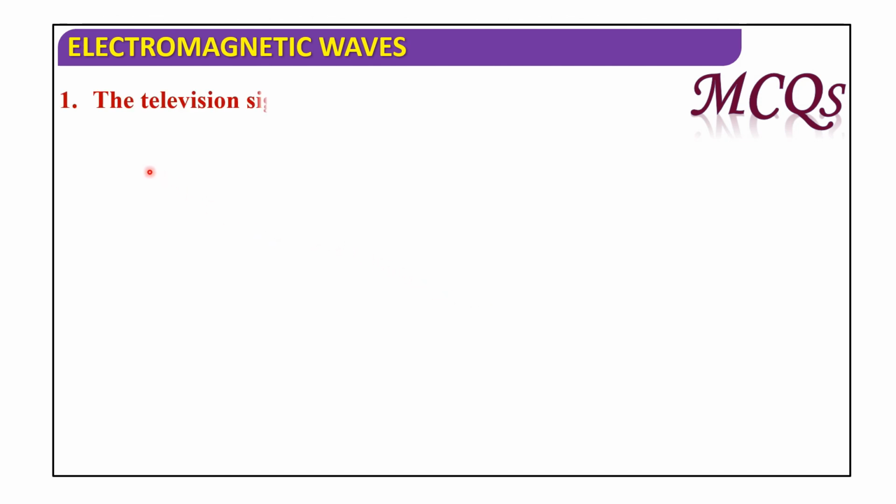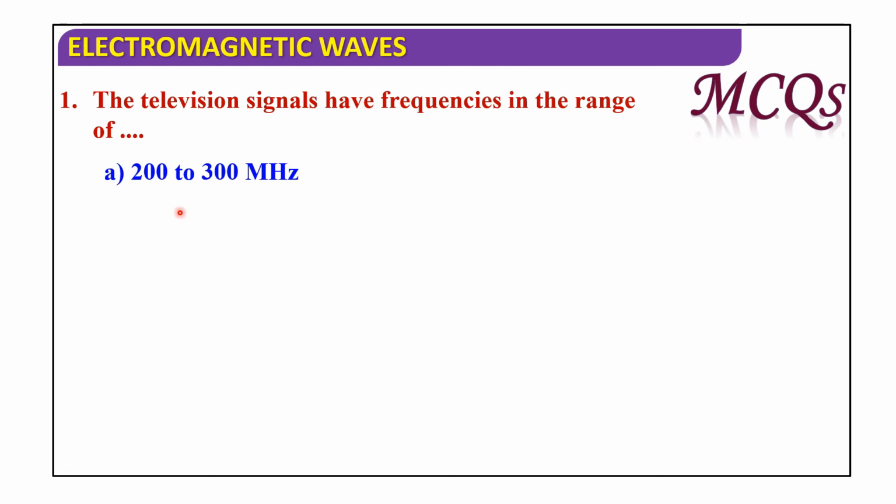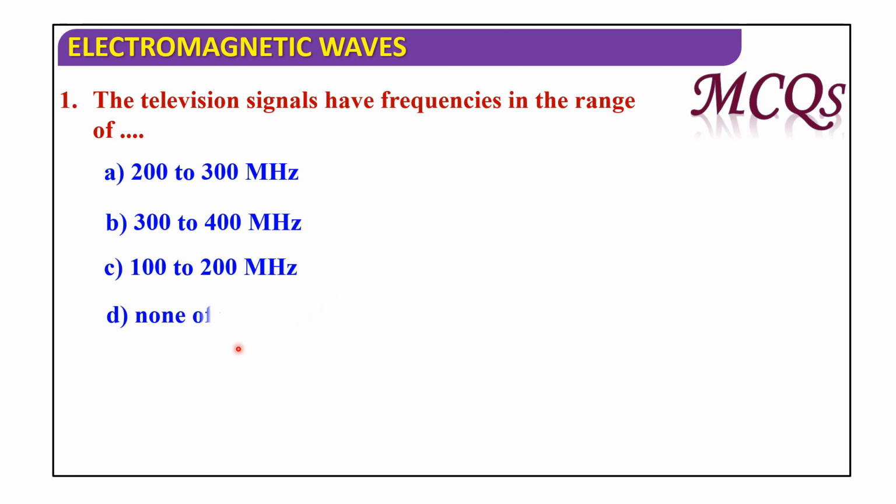The television signals have frequencies in the range of 200 to 300 megahertz, 300 to 400 megahertz, 100 to 200 megahertz, none of these. So the television signals have frequency in the range of 100 to 200 megahertz.